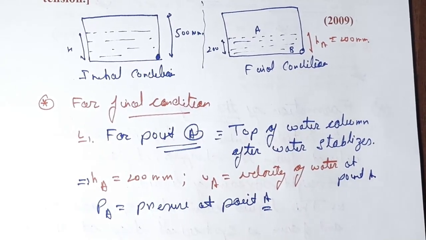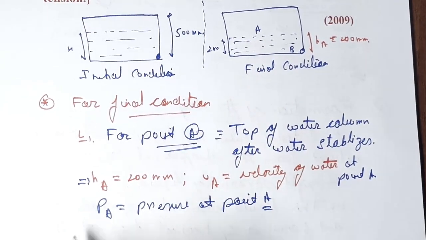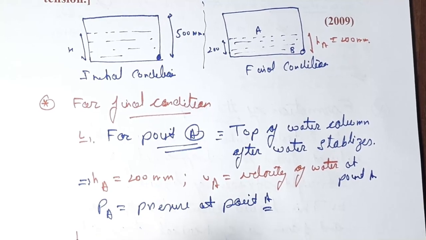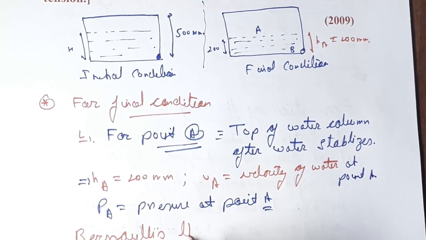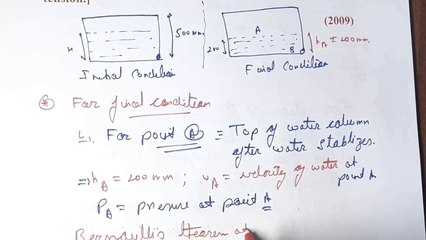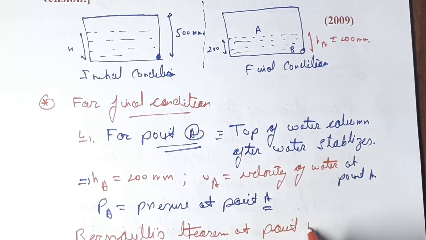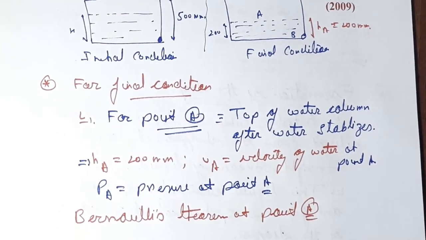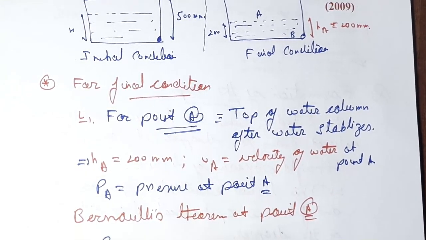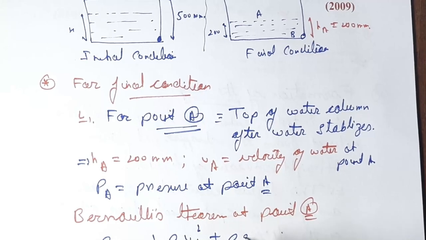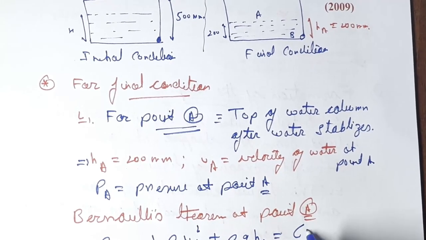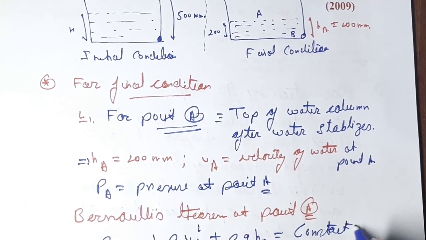So therefore we can use Bernoulli's theorem at point A. Pressure at point A plus half rho VA square plus rho g HA should be equal to constant.